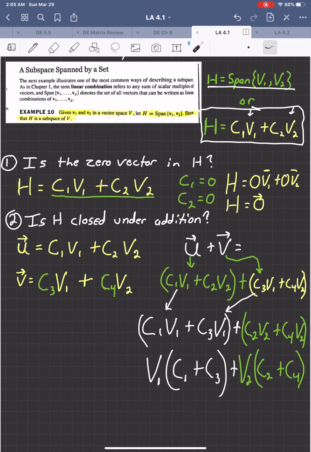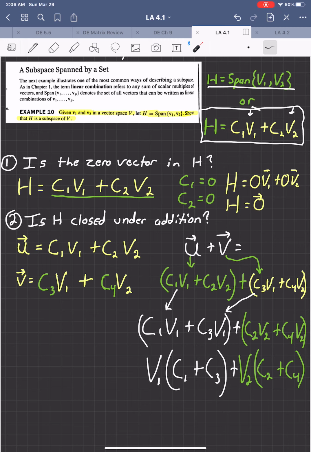So do you see how c sub 1 plus c sub 3, when you add those two scalars, meets the criteria for a linear combination for subspace H? Everything works out perfectly.